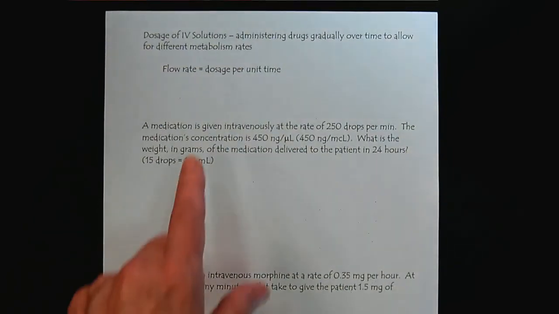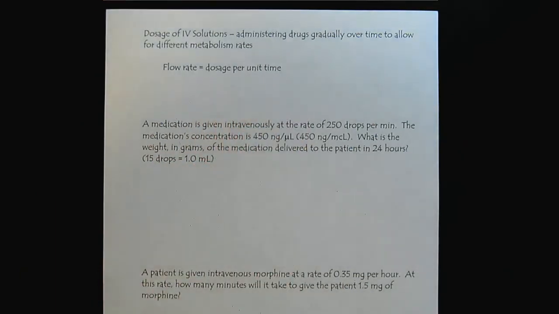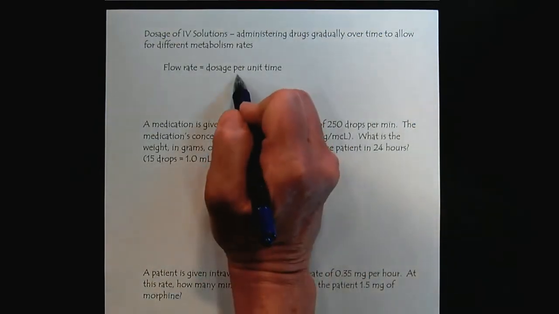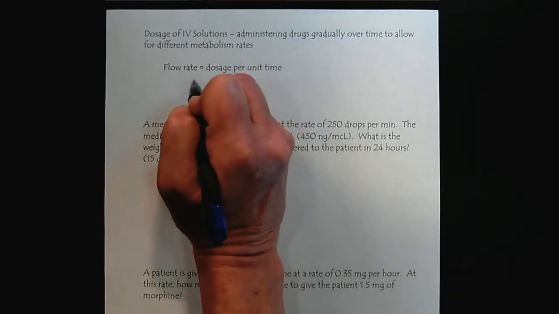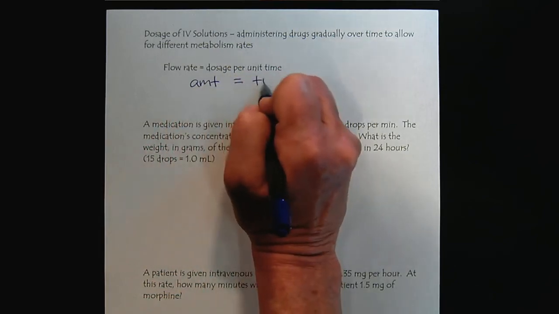So that can be either the dosage per unit time, or sometimes it's the volume of IV solution that is flowing into the patient over time. But remember that every time we see per, you can think of per as an equal sign, right? So there's some sort of amount per unit time.